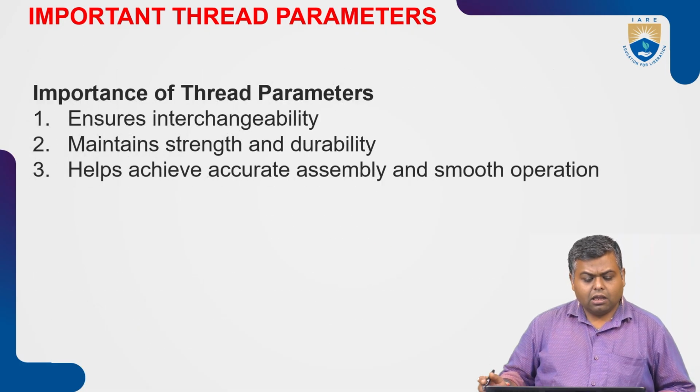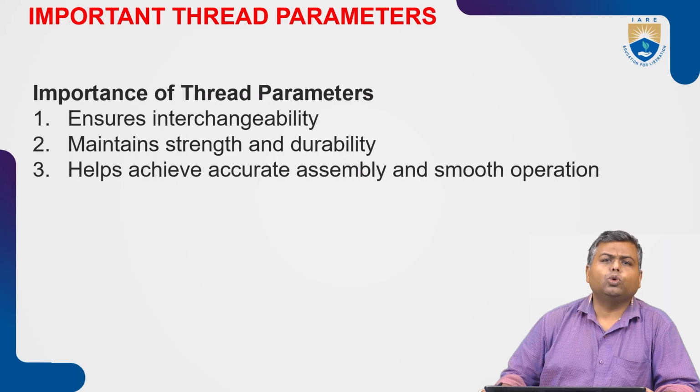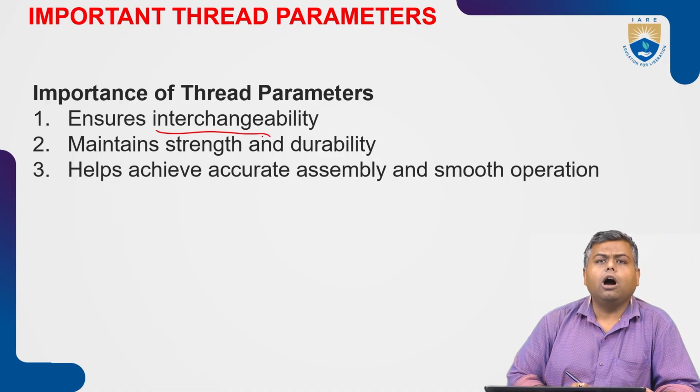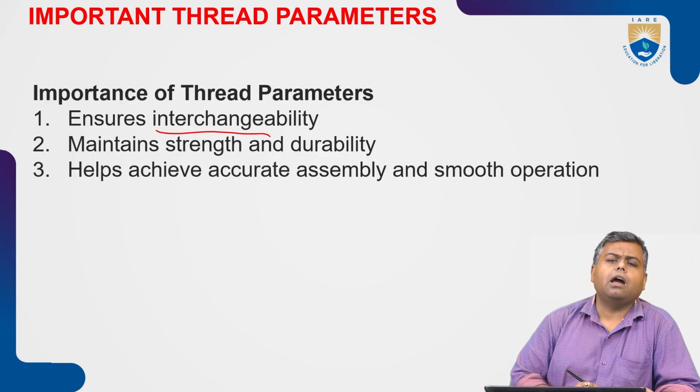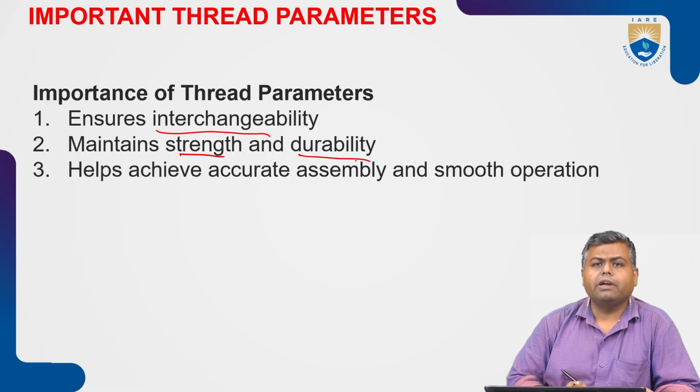So let us see the importance of thread parameters. First one is it ensures interchangeability. It is required to maintain interchangeability because there might be many applications related to it. Next, it should maintain strength and durability. Strength is very important and durability is also very important.